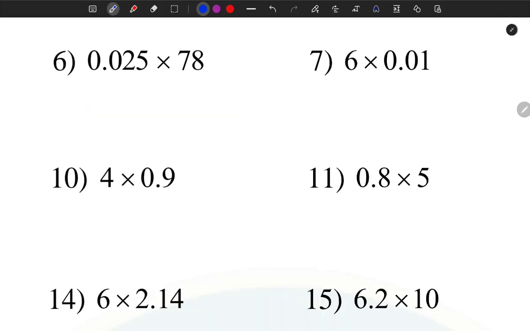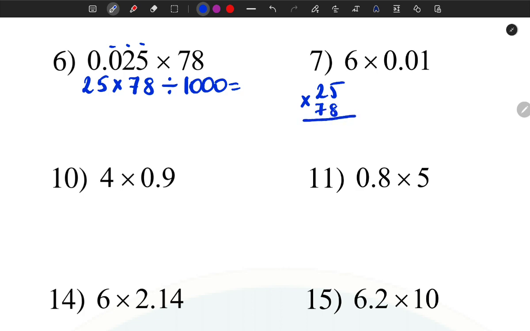Here 0.025 multiplied by 78. First I need to multiply 25 by 78, then divide by 1000. Why? Because we have 3 decimal numbers, that's why. First I need to multiply 25 and 78. 8 times 5 gives us 40, 0 here and 4 in our mind.